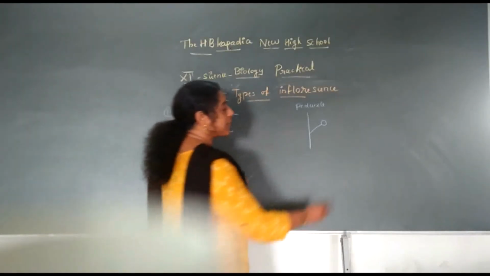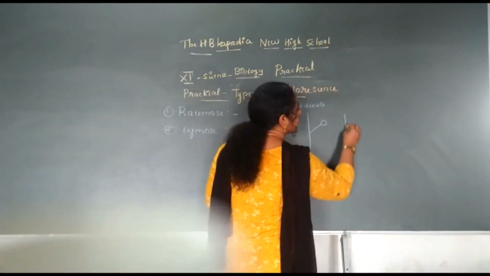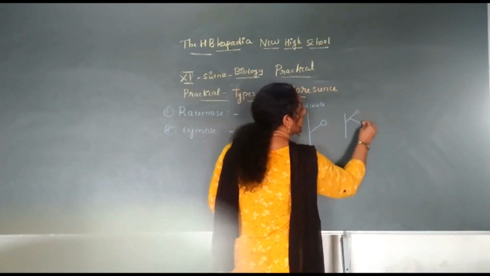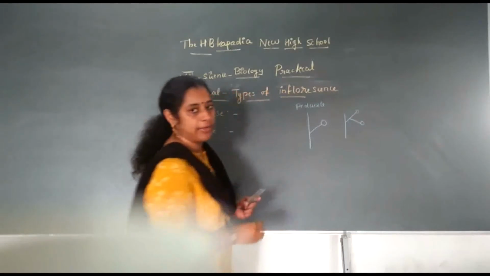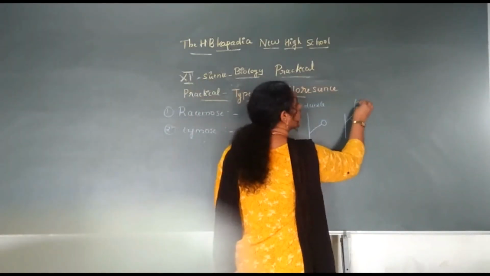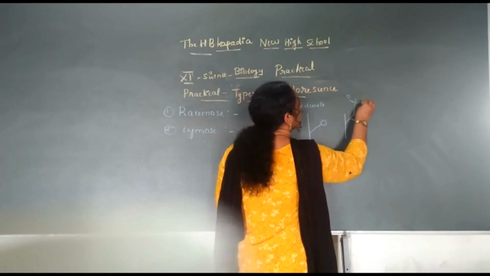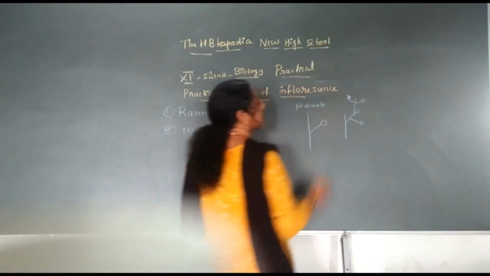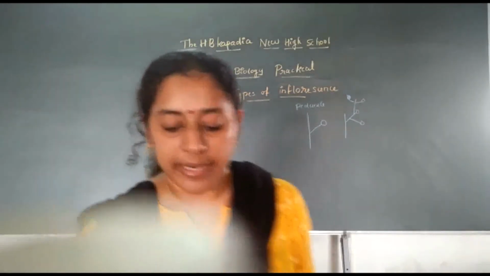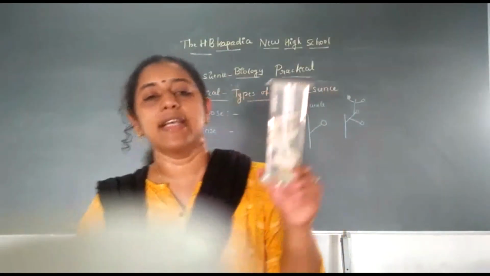Now, if this floral axis is divided into two and at a time two flowers are developing, each of the axis is further divided into two, then it is called biparous cymose inflorescence. An example for biparous cymose inflorescence is jasmine.